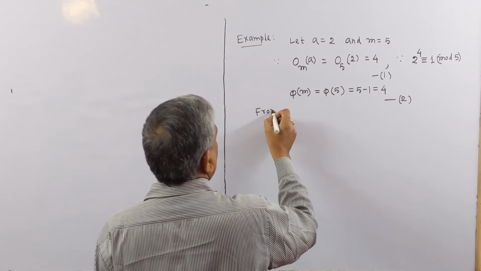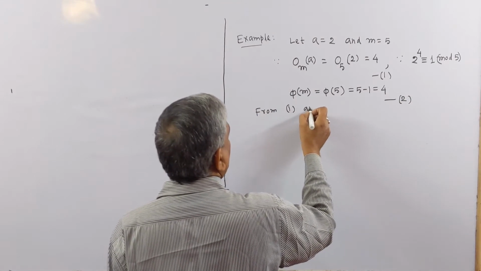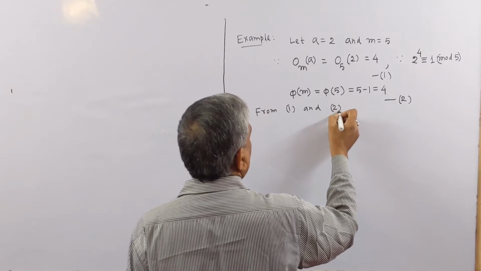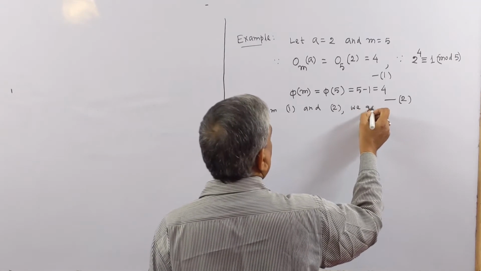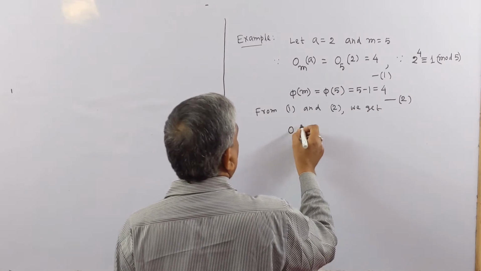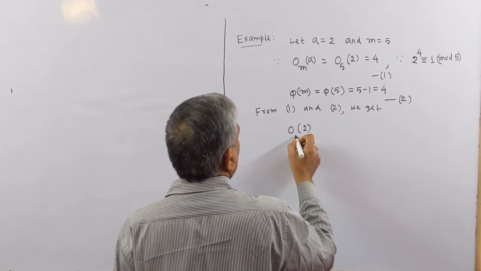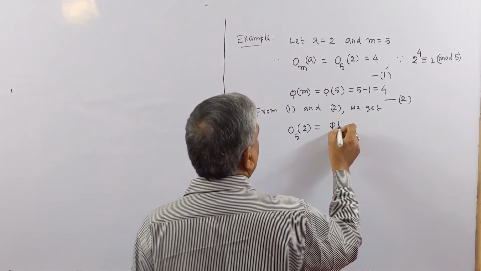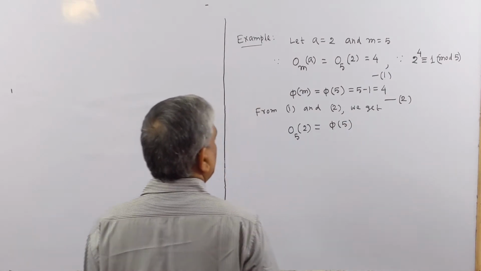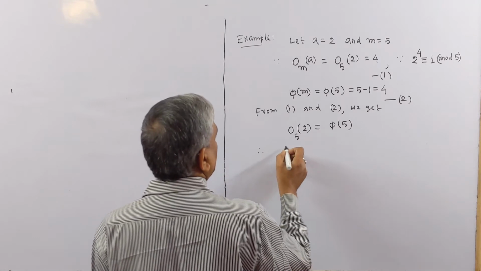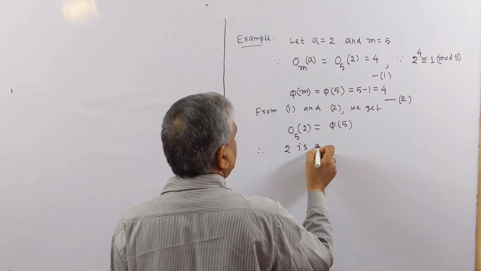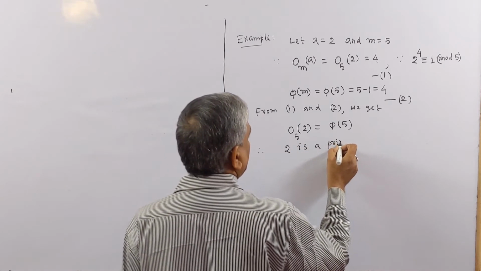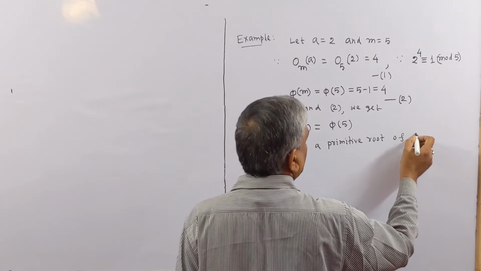From 1 and 2, we get order of 2 modulo 5 equal to phi 5. Therefore, 2 is a primitive root of 5.